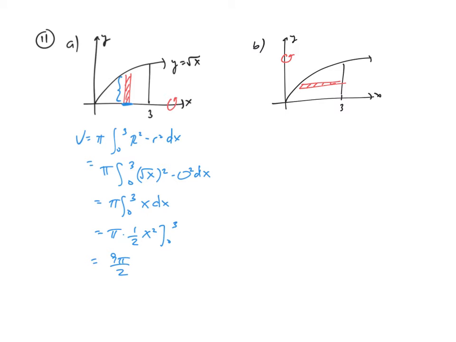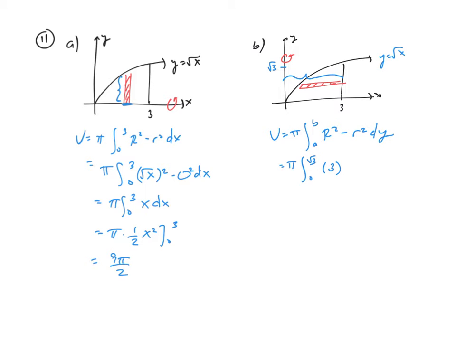Okay, so now volume equals pi integral a to b big R minus little r dy. So pi, and instead of 0 to 3, we're going up to radical 3 because the function is y equals radical x. Big R is the distance from the axis of revolution to the far end of that rectangle.